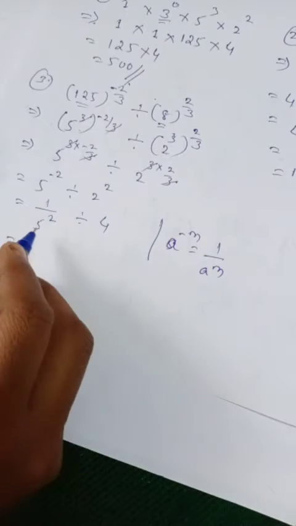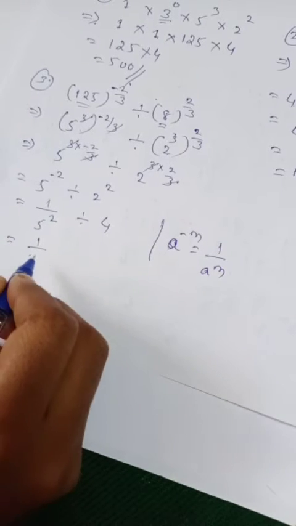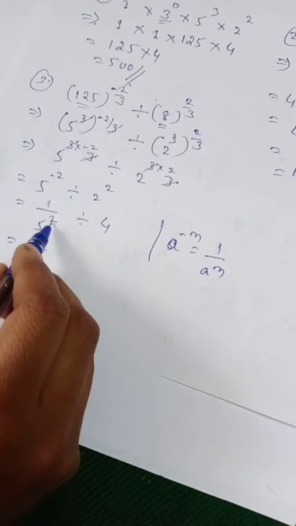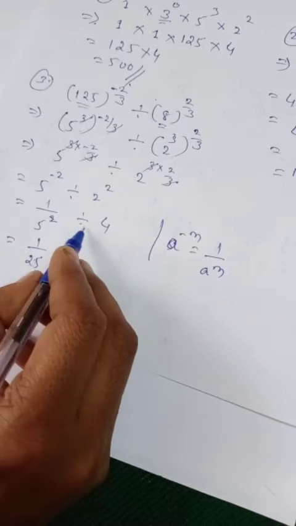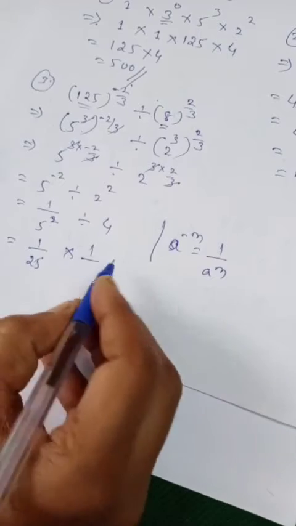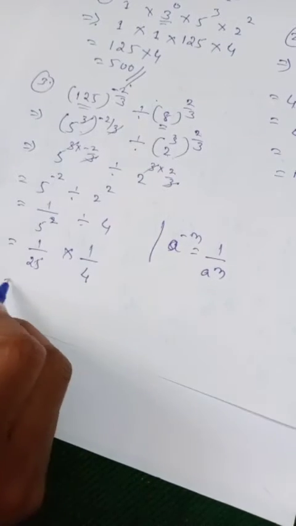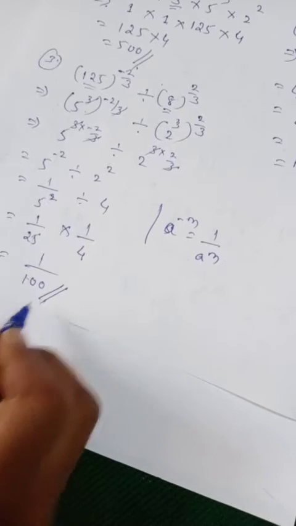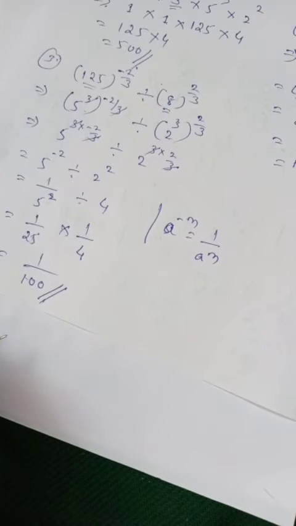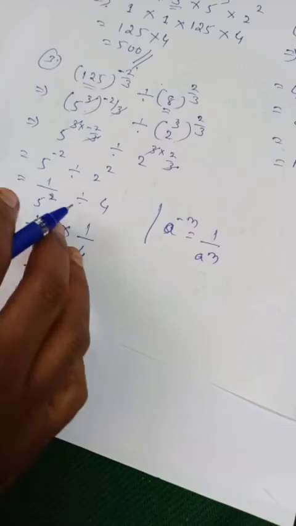This is a formula. So this is 1 upon 25, because if you multiply 5 two times then you get 25. I'll write this in reciprocal, that is 1 by 25 divided by 4, which is nothing but 1 upon 100. That is the answer. Clear? Then we'll see some more examples.